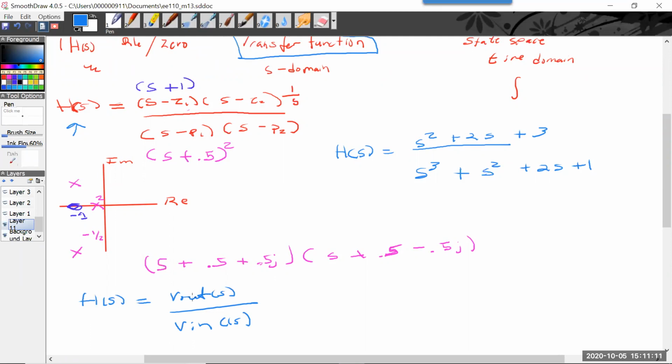You have to use convolution to get V out of t as g of t convolved with h of t. Now, sure, if you take the Laplace transform of this, that gives you the transfer function, right? But transfer functions are in the s domain.